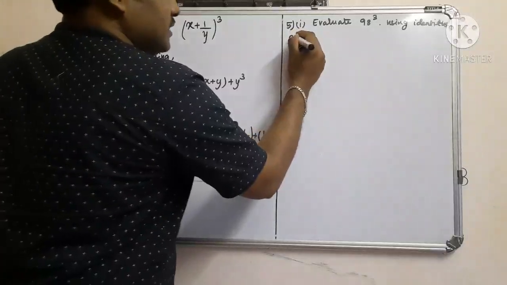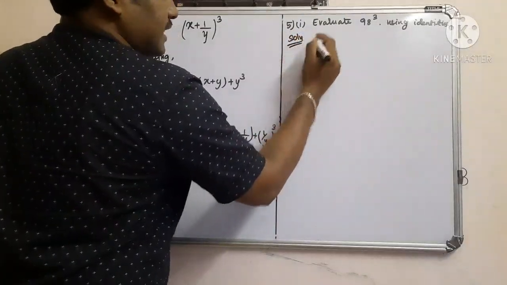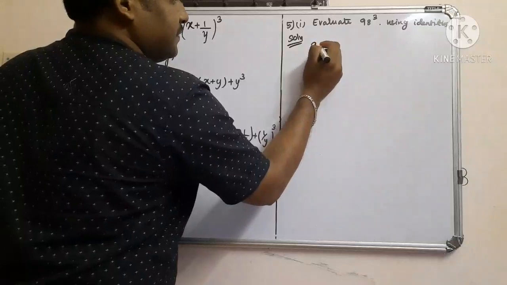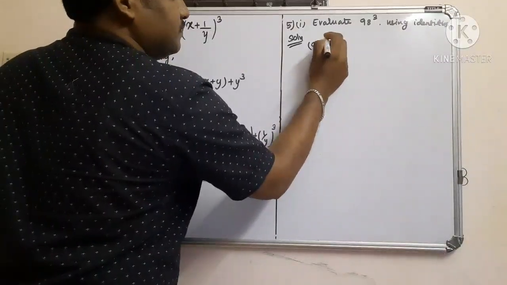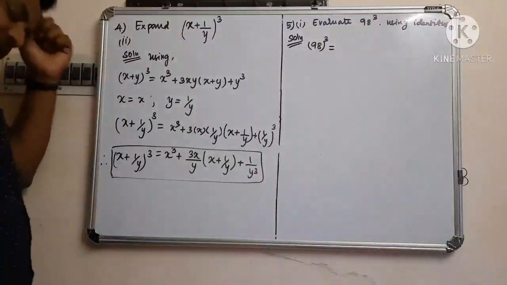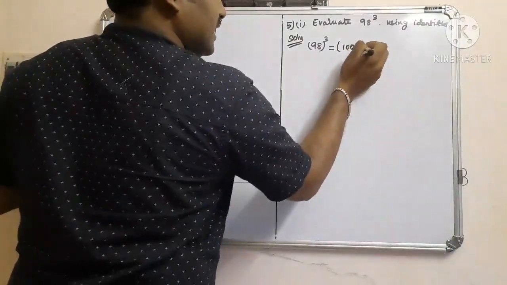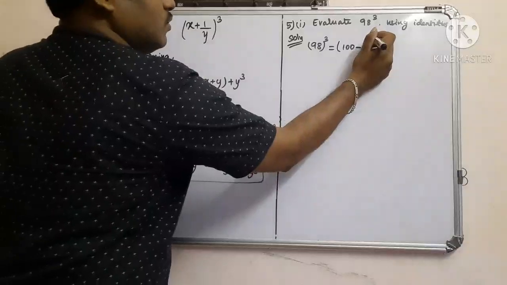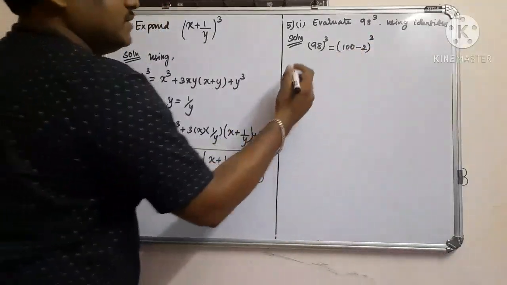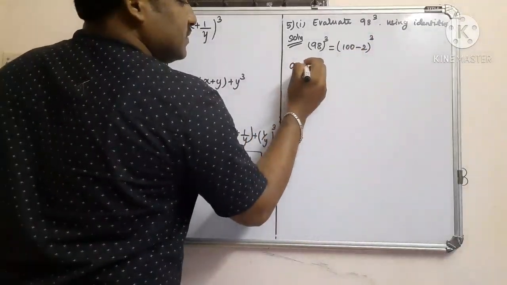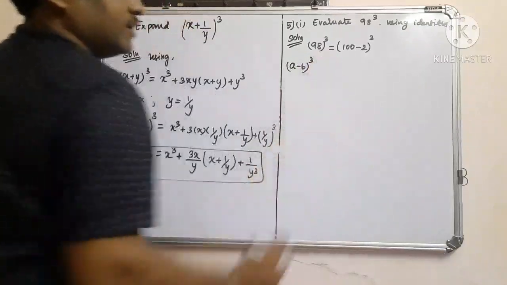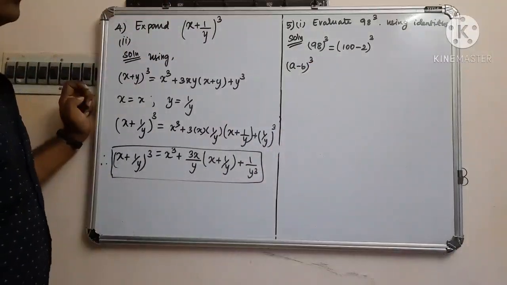So solution: 98 cube is given. 98 cube should be written as (100 - 2), that is 98, the whole cube. So this is nothing but (a - b) the whole cube.